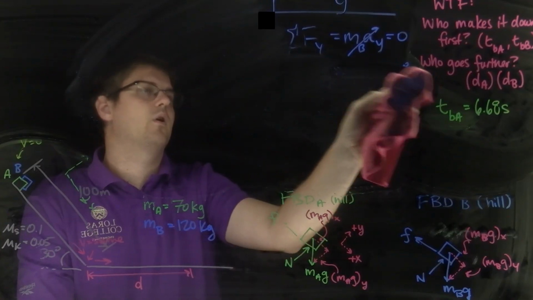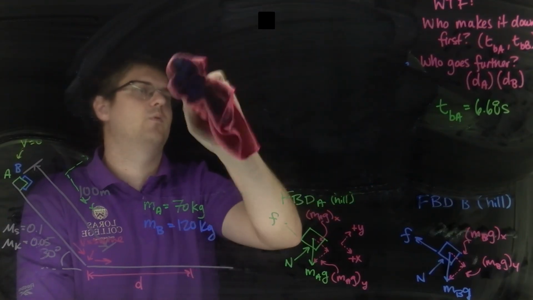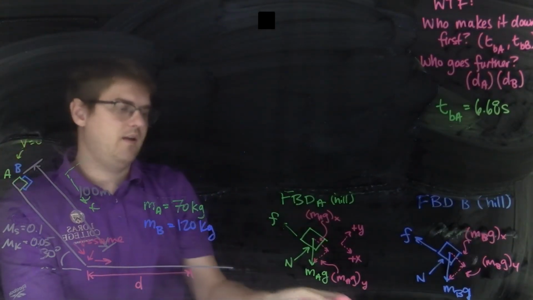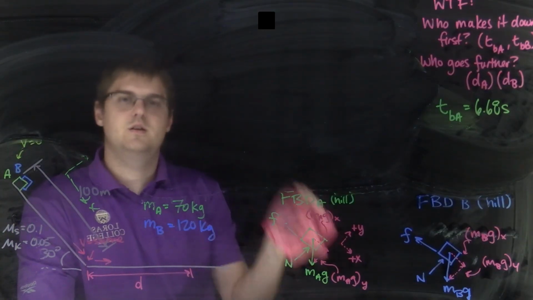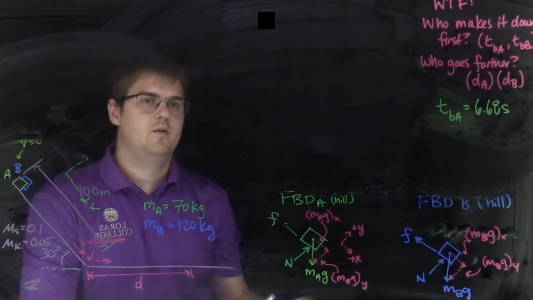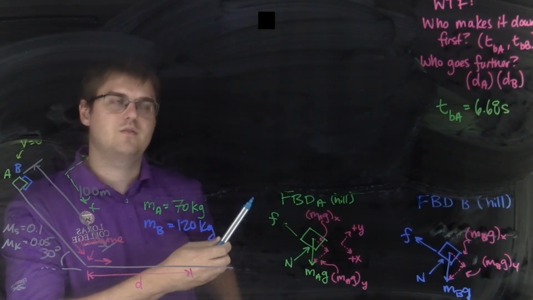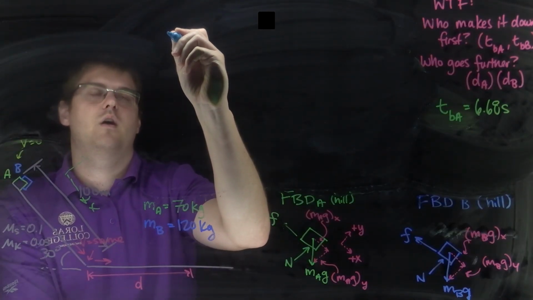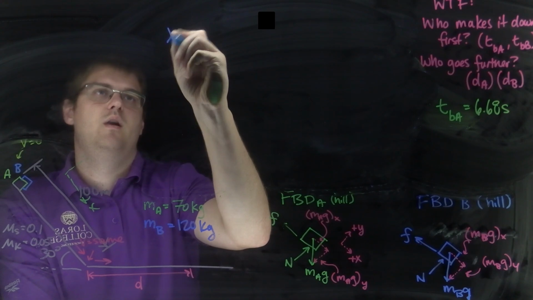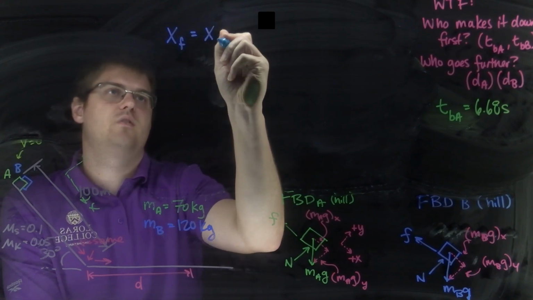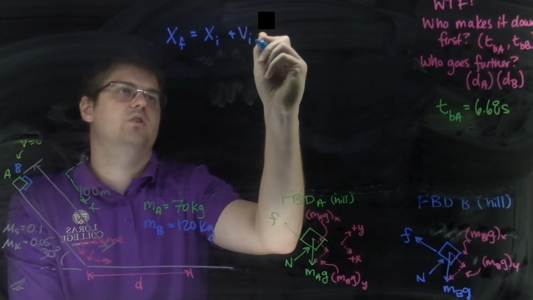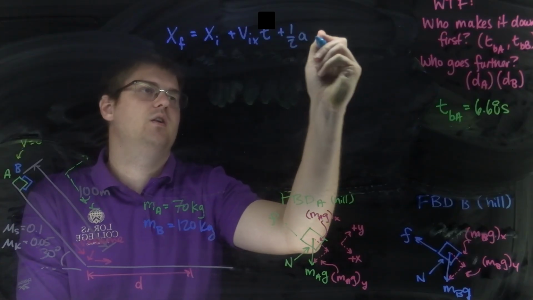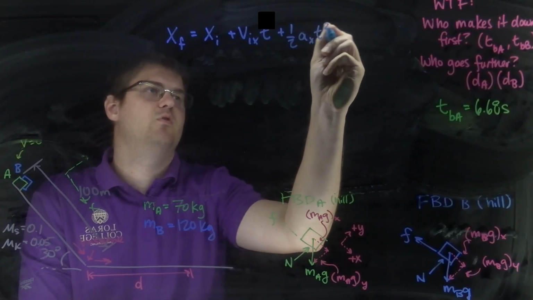Now I will, for sanity's sake, go ahead and write it out again for my time, just to show that in the same way as the acceleration didn't change, our time didn't change. Should be hopefully fairly obvious to you because the mass doesn't show up anywhere in our acceleration equation. In our kinematic equation, x final is equal to x initial plus v initial in the x times t plus 1/2 acceleration in the x times time squared.